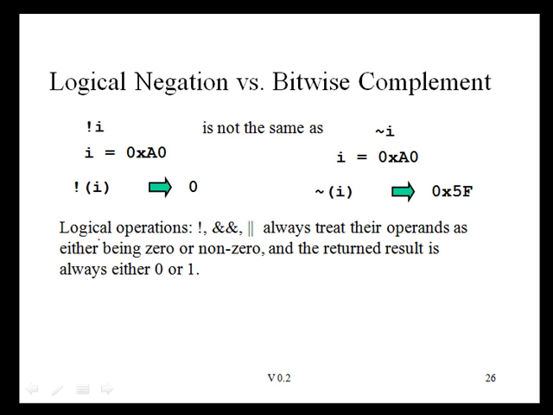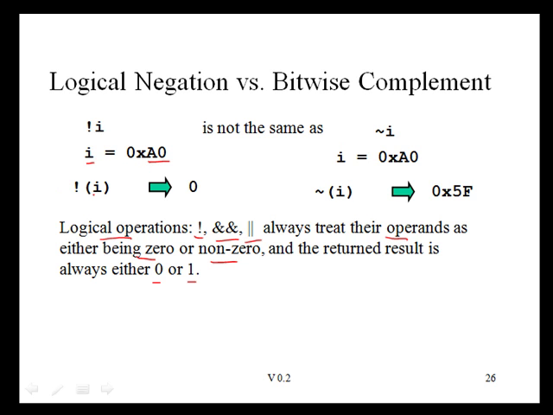Let's discuss the difference between logical operations such as logical negation, logical and logical or versus their bitwise operations. Logical operations always treat their operands as being either 0 or non-zero, and the return result is always either 0 or 1. So let's take a look at an example. Here we have the I value that's equal to A0.